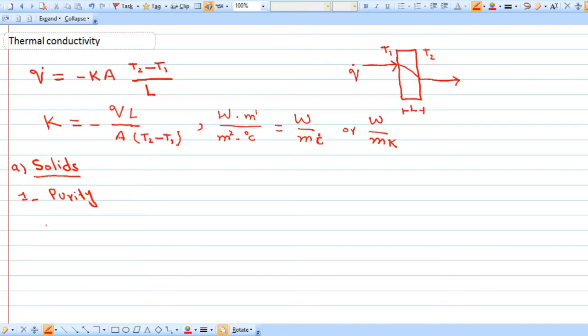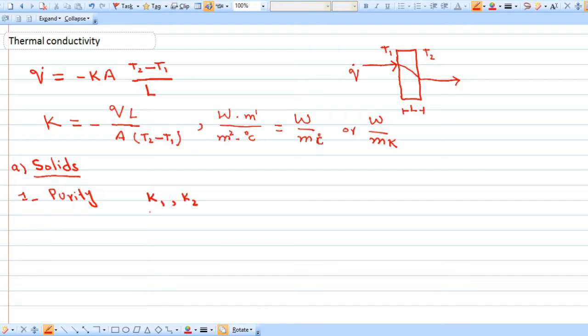Purity of solids is very important for imparting a certain value of thermal conductivity. If we have two pure metals and we mix both metals, then the thermal conductivity of the mixture, that will be an alloy, will be very low compared to the individual metals.